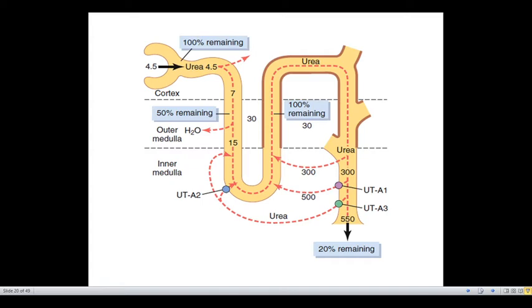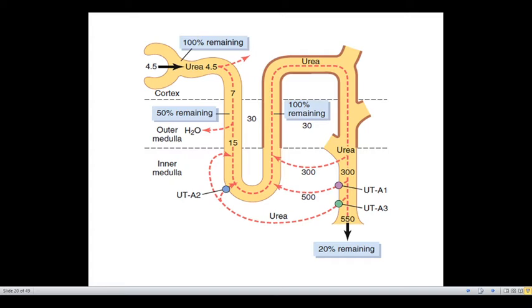The recirculation of urea helps to trap urea in the renal medulla and therefore contributes to the hyperosmolarity of the renal medulla.